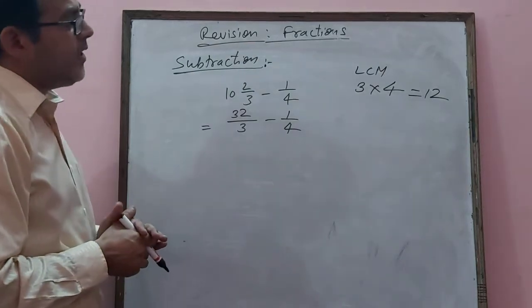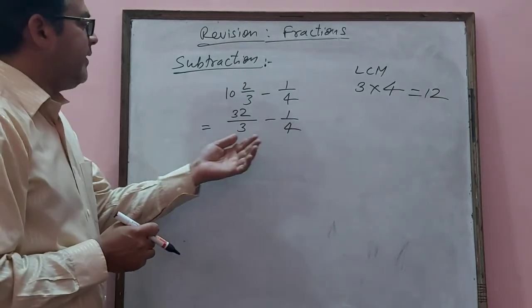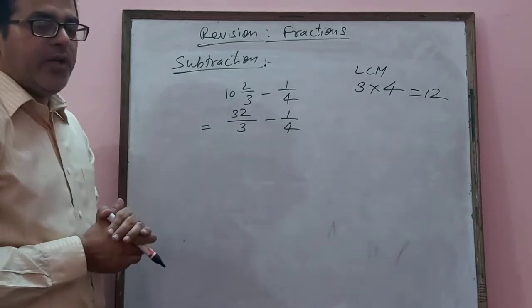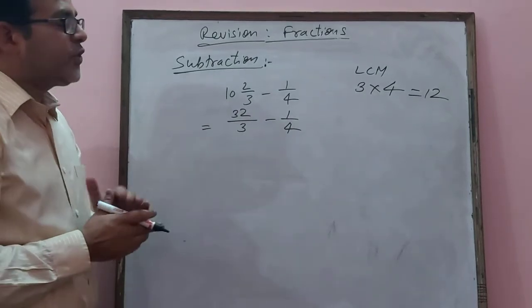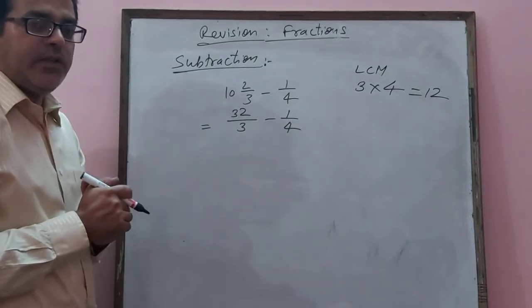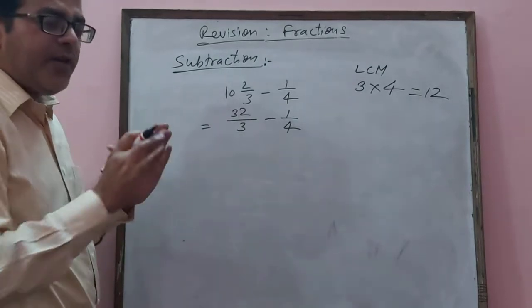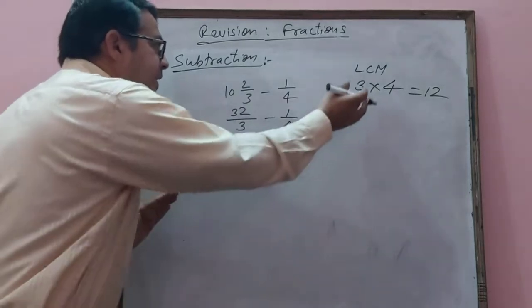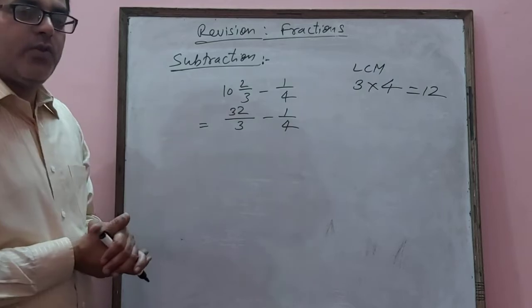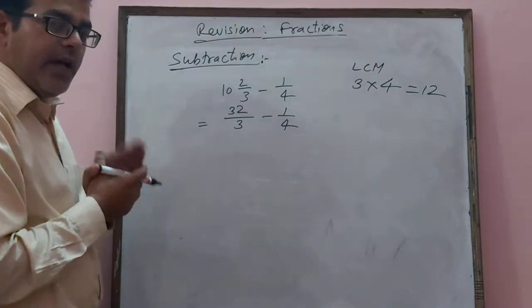How we can say 12? Because there is nothing common in between 3 and 4 except 1. So their product is only LCM. We can't find any number which divides 3 and 4. That's why their product is only their LCM.